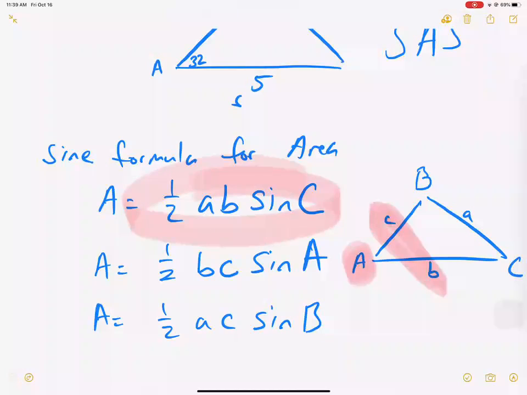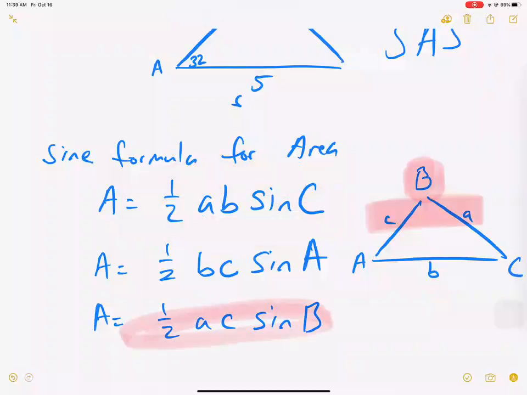If I was looking at angle B, then the sides I would use are A and C. I'm not going to use side B. And that's our ACB. If I'm looking at angle C, I can use this rule when I have the adjacent sides, A and B. So AB sine C.